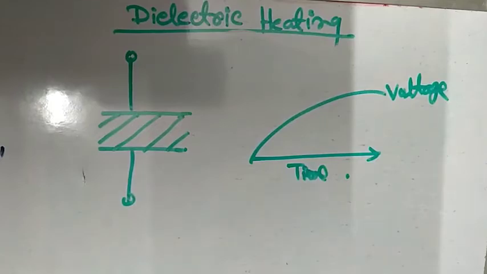Now, what are the applications of dielectric heating? The fact that water heats at a much more rapid rate than any other material when subjected to high frequency field, dielectric heating is most conveniently used for moisture removal, especially when the moisture is disposed uniformly deep into the material and no conventional method can be used for its removal.